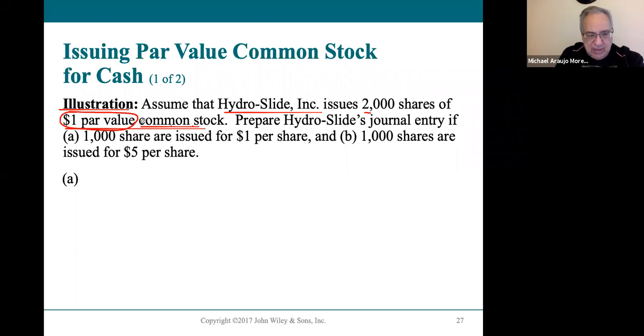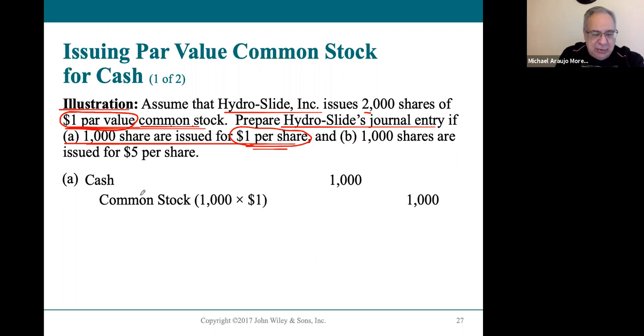When you see par value, think, okay, that's the value on the balance sheet. What would be the journal entry if they issued 1,000 shares at $1 per share? $1 per share is how much they collected on 1,000 shares. Well, $1 a share is the exact same as the par value. So all of the money would go into the common stock account.